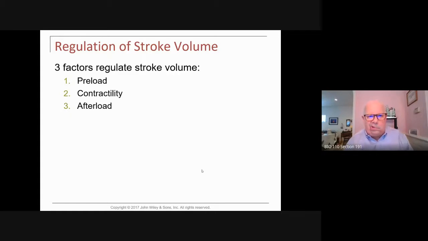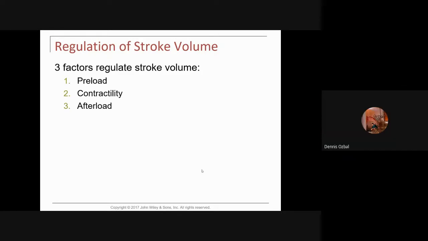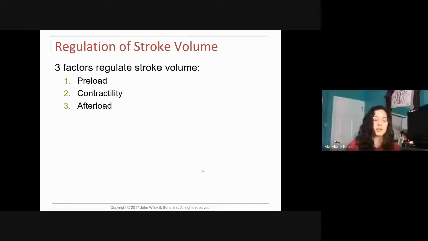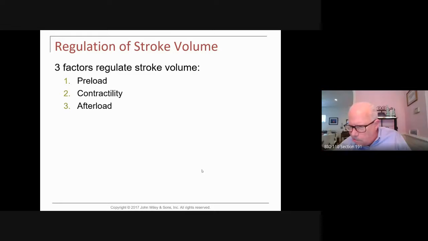Before we talk about stroke volume and what affects it, tell me what affects your heart rate? Anybody? Running, exercise, exactly. What else? Hyperventilation. You are correct. Let me ask you a question. You hold your breath underwater.